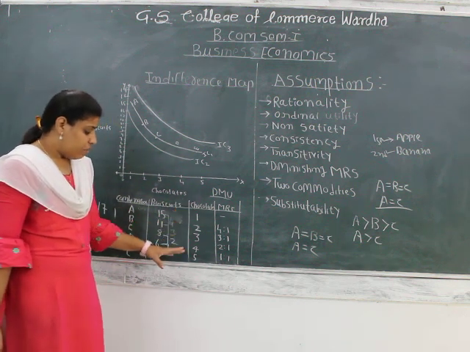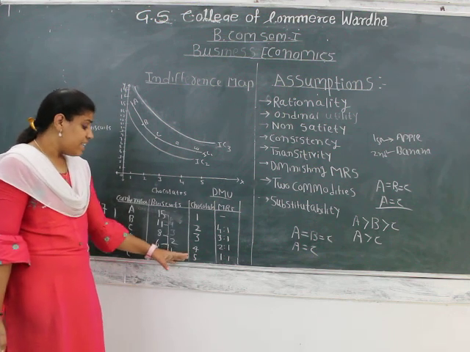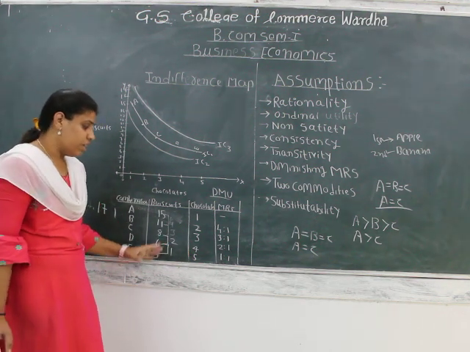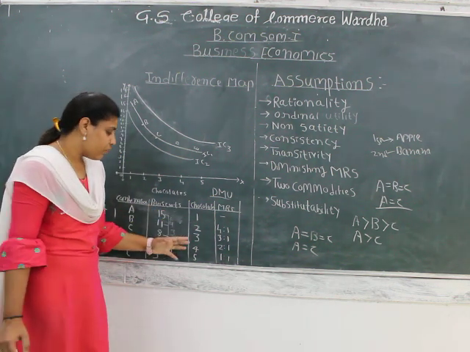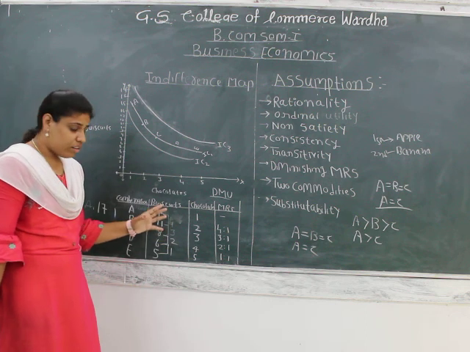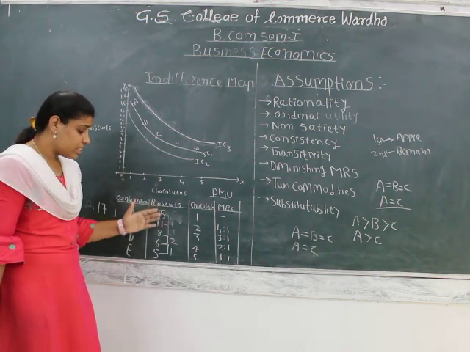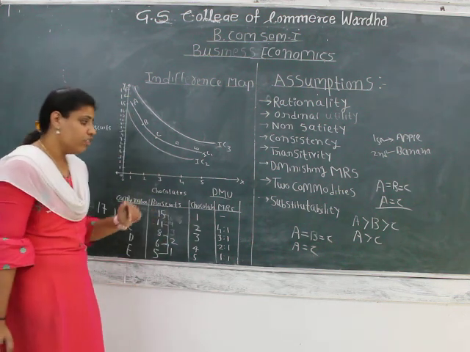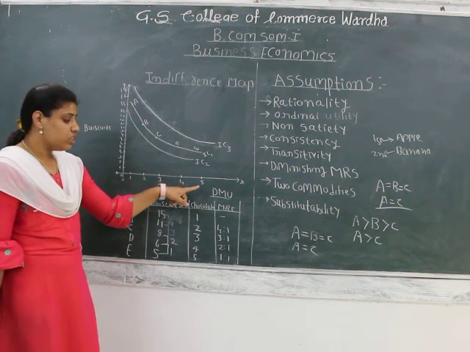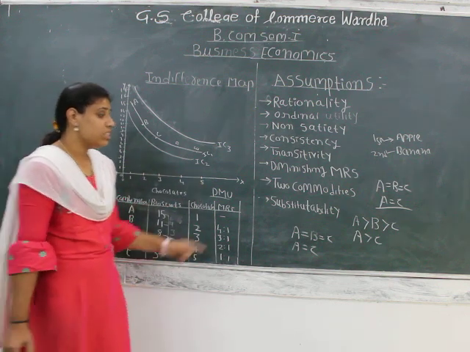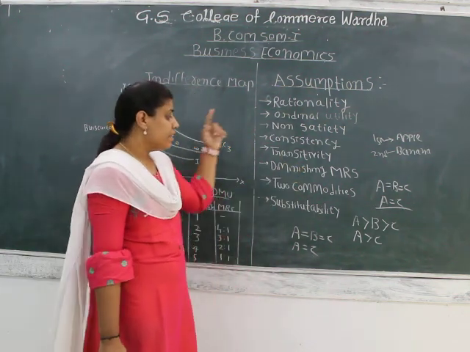And then for having 1 more additional unit, that is 1 more chocolate, he is sacrificing only 1 biscuit. So this way, as the number of chocolates with the consumer is increasing, he is ready to sacrifice fewer units of the other commodity, that is biscuit, to obtain the same unit of chocolate. So due to this applicability of the law of diminishing marginal utility, there is diminishing marginal rate of substitution, which is one of the assumptions under the indifference curve.